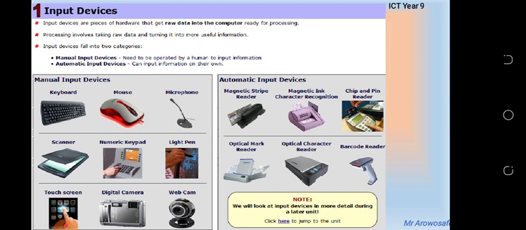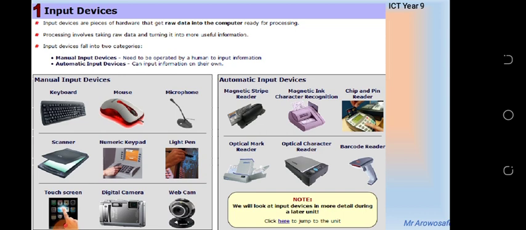So it means that these devices can be operated with the help of a human being. For example, if you want to enter a particular data through keyboard, you as a user must press the key on the keyboard before the system can do anything about that data.